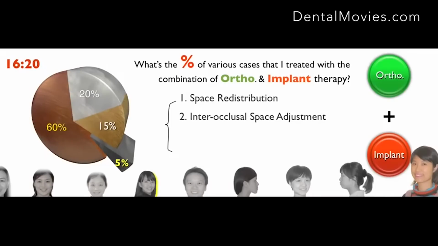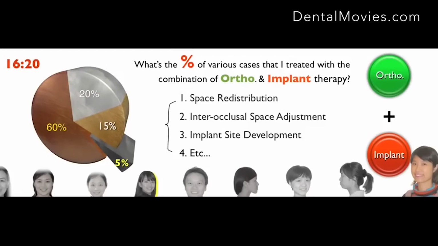Number two, since we have multiple missing teeth, sometimes you will get elongation of the entire teeth. So that needs to be done, especially intrusion, to get an interocclusal space adjustment. Finally, sometimes we need to do some implant site development to get adequate bone volume and bone height in order to hold that implant.